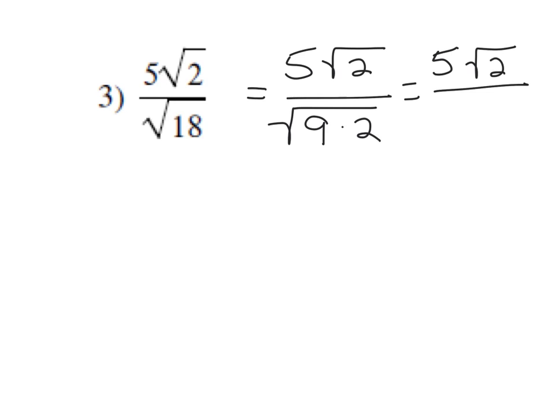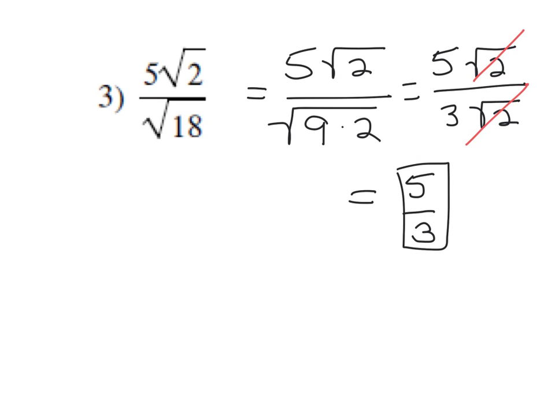That's going to give me 3 root 2. And now right here, we could rationalize the denominator, but it's not really necessary because we have a root 2 in the numerator and a root 2 in the denominator. So we're just going to simply cancel them out. And so our final answer here is going to be 5/3. And that's all there is to number 3.